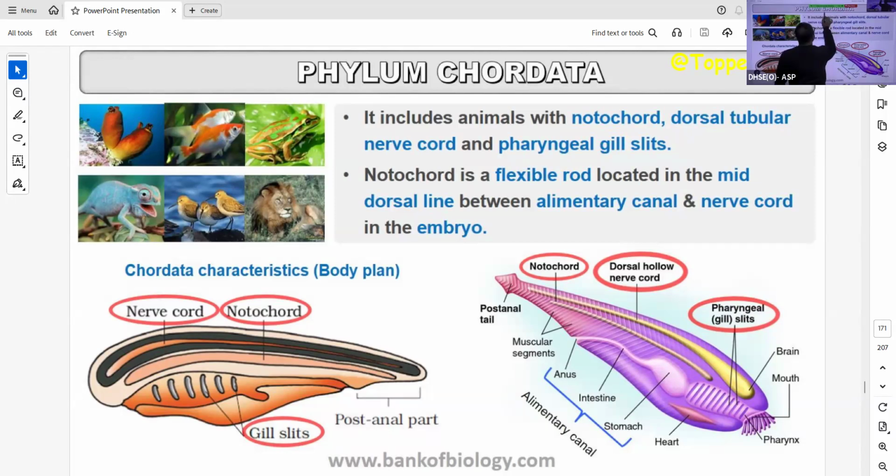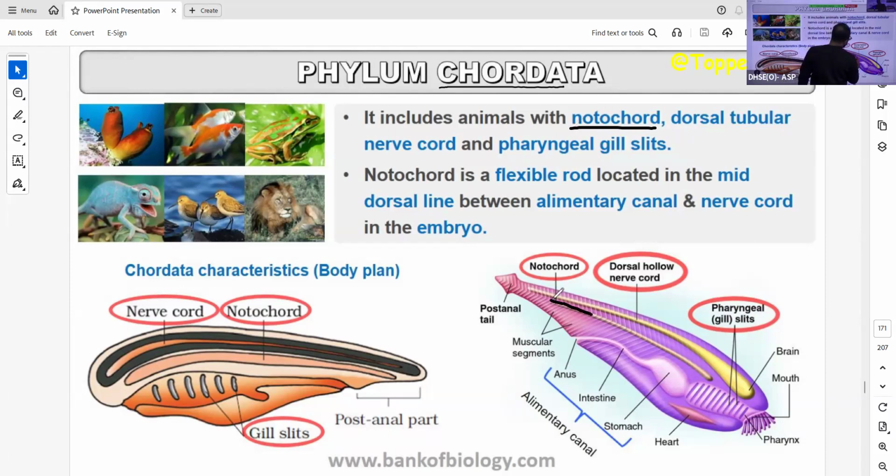Phylum Chordata, as the name suggests, implies those animals that have a notochord. Now, as you can see in this figure, this structure here represents the notochord.